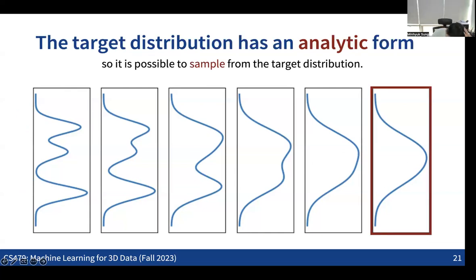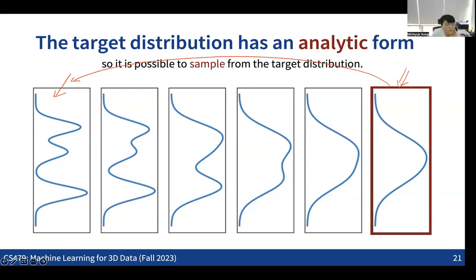While we don't know the data distribution, if we have the mapping from the unit Gaussian to the data distribution, we can just sample from the unit Gaussian and apply the inverse mapping to become one of the samples in the data distribution.